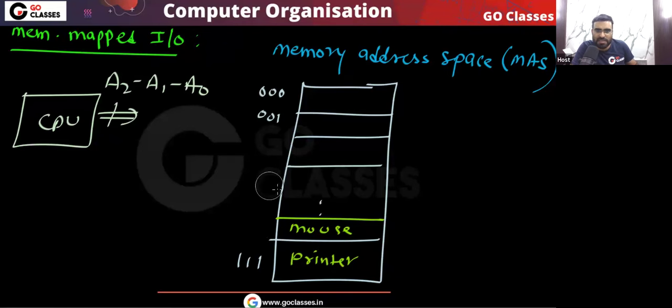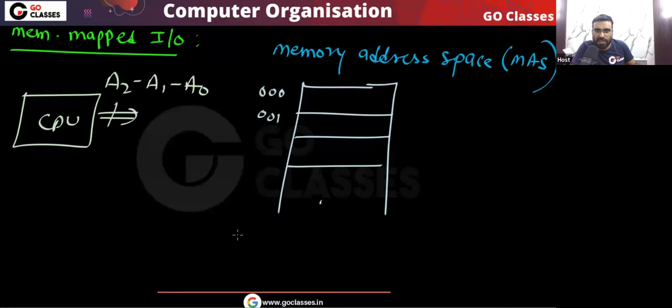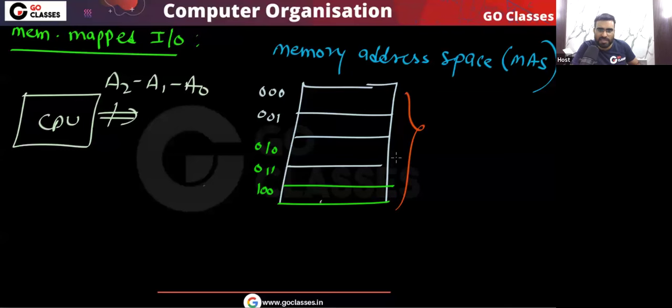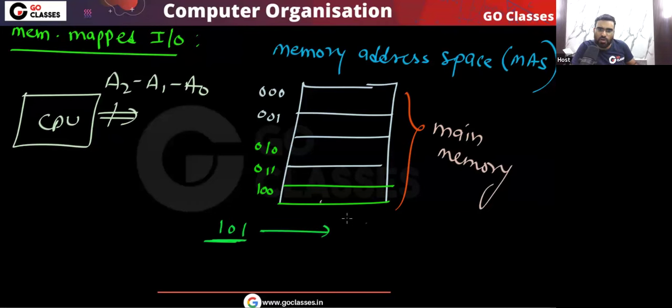Let me tell you the exact picture. The exact picture is that the main memory has only these addresses: 000, 001, 010, 011, 100. So these are the addresses of the main memory. And remember, very simply, these other addresses are the addresses of IO devices.